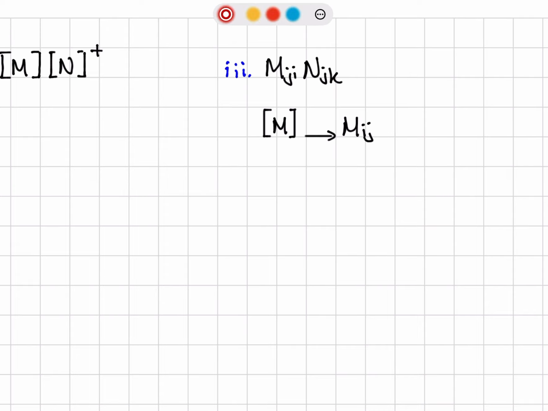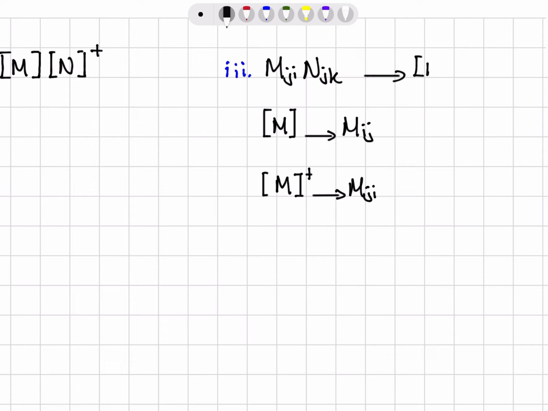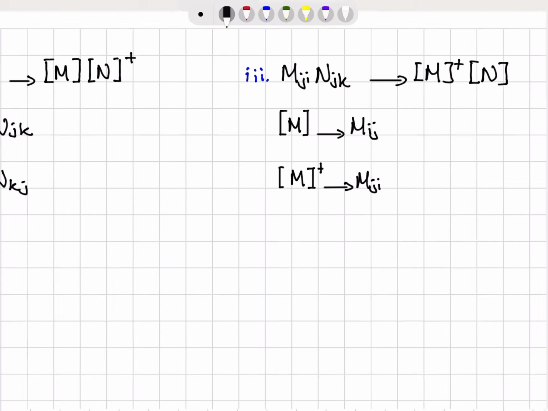So Mij and Njk would be giving me the product of the M matrix with the N matrix. So the transpose of the M matrix, which has the positions of the rows and columns switched, would be Mji. Therefore, what I have here is the transpose of the M matrix multiplied with the N matrix.